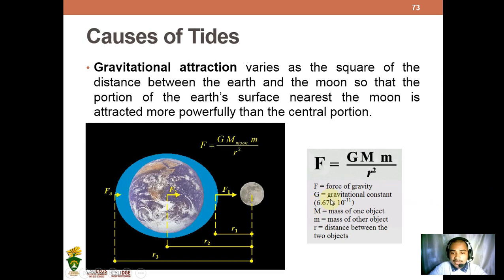So this formula, F equals G M m all over r squared, where G is the gravitational constant, which is this value, 6.67 times 10 raised to the power of -11, and M is the mass of one object, in this case the moon, and small m is the mass of the other object, which is the earth, and r is the distance between those two objects.